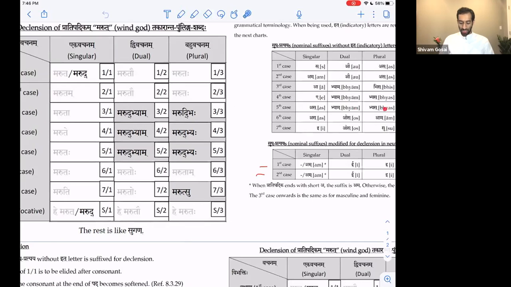Marudbhyam, Marudbhyaha, Marut plus as, Marutaha, Marut plus os, Marutoho, Marutam, Marut plus i, Maruti, Marutoho, and Marutsu.